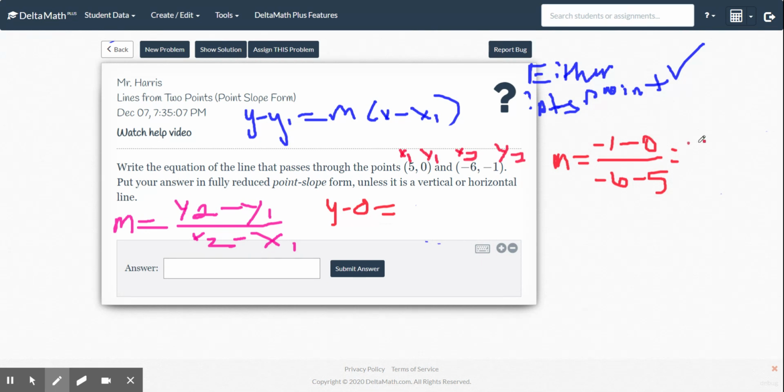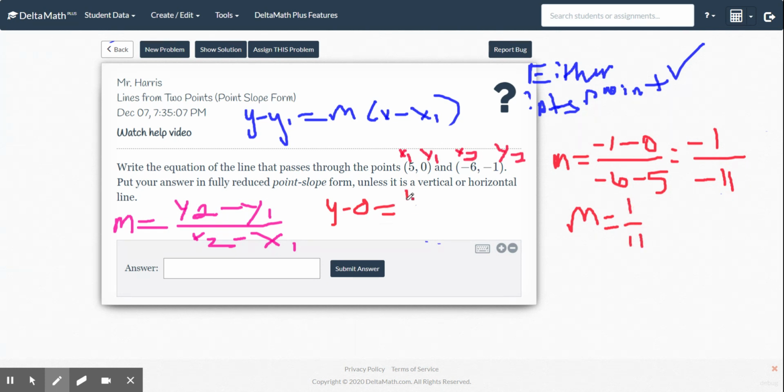Negative 1 minus 0, that's a negative 1. Negative 6 minus 5, that's just going to give me a bigger negative. That's like 6 plus 5. That'd be negative 11. A negative divided by a negative means that's a positive 1 over 11.